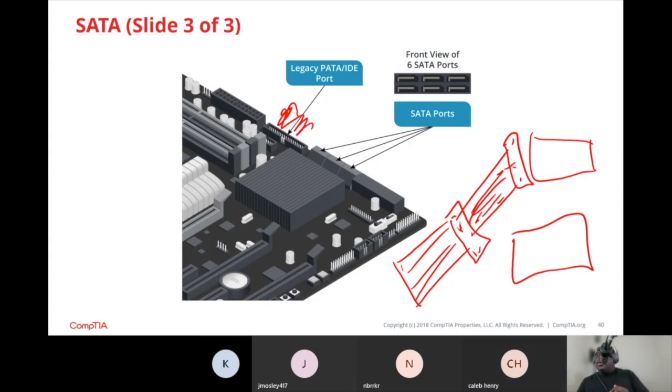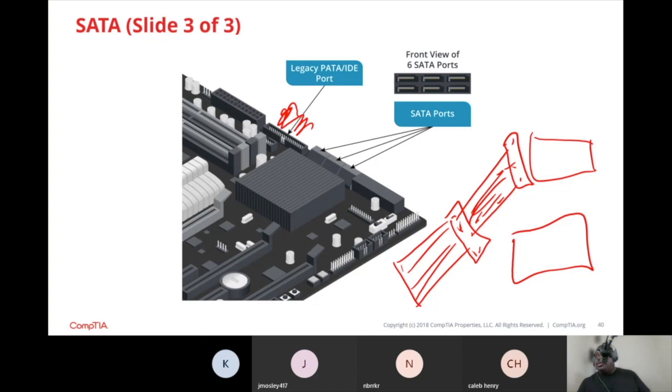So remember when we were doing the jumpers to clear the CMOS, there were jumpers on the side of the PATA drives where you had to put the drive either into slave or master mode. Master meant that it booted first. Slave mode means that it was just a secondary drive.